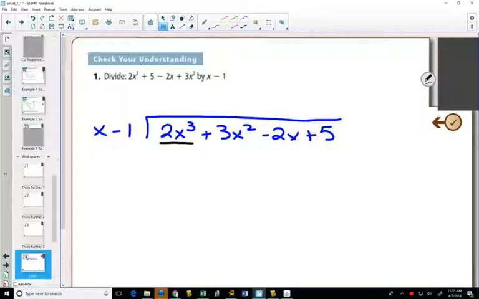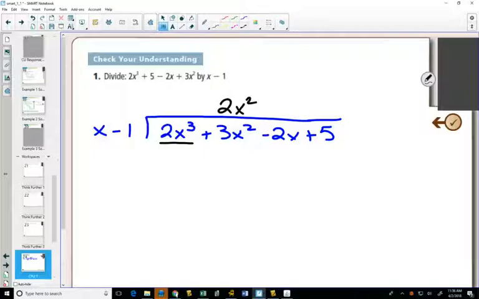What would you have to multiply x minus 1 by to get a 2x cubed? 2x squared.